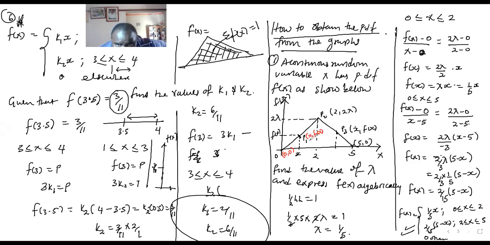Are we together? Now, you would have f of x minus 0 out of x minus 0. Is that better? Then this one would give you 2 lambda minus 0 out of 2 minus 0. Okay. You okay now?